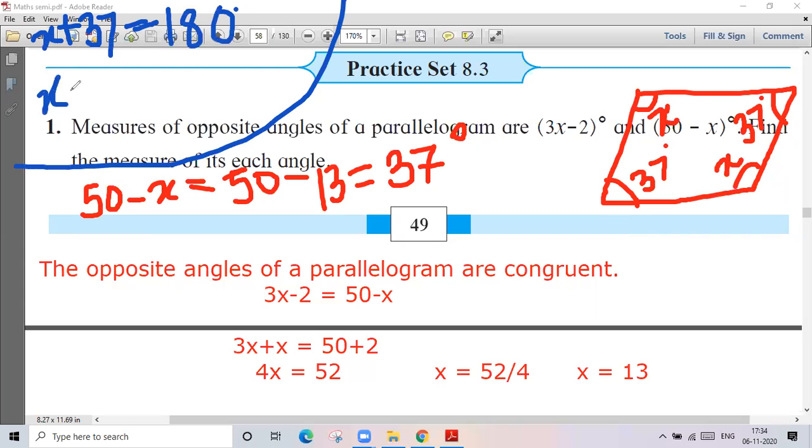Therefore x is equal to 180 minus 37. 180 minus 37 is equal to 143. 143 is the answer. That means this is also 143, and this is also 143.